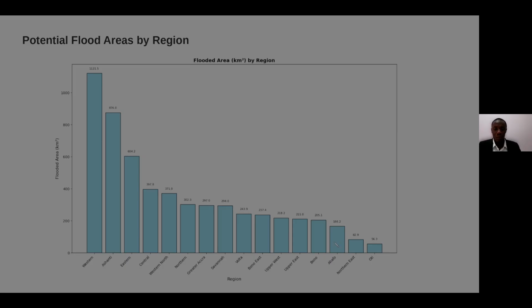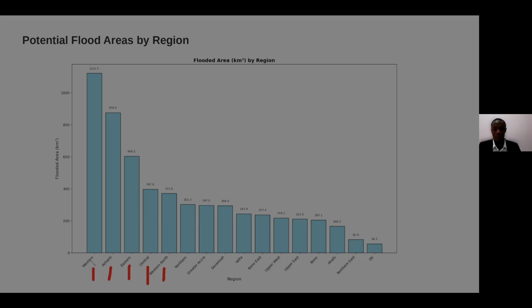Now to determine the amount of rainfall and flood areas, we summed the area of the pixels in each of the regions in order to make the comparison. And here we can see that Western region, Ashanti region, Eastern region, Central and Western North have high amounts of flood areas, with Western region leading.